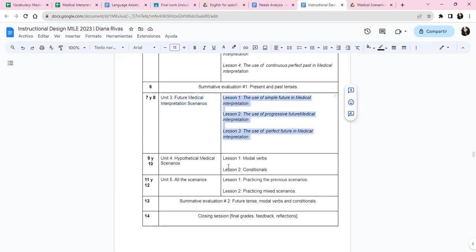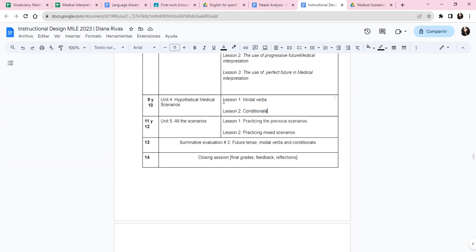We will have these 3. And unit 4 would be hypothetical medical scenarios, because we want to work on modal verbs and conditionals. We've noticed that this is something important and we want to include it within this course.